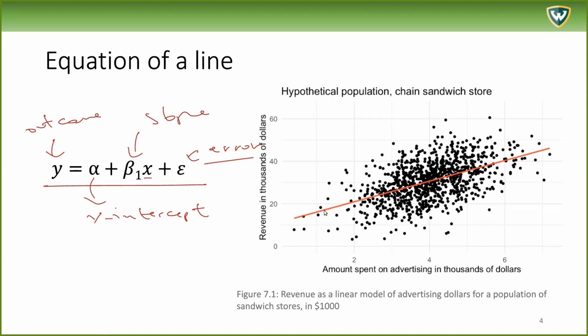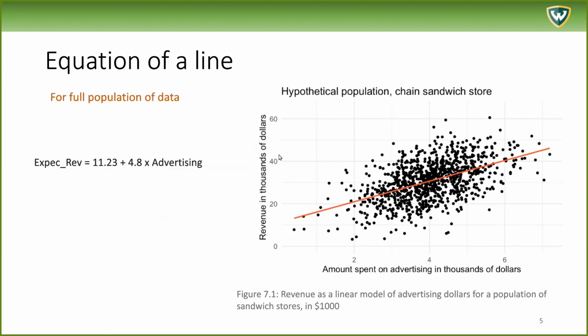So once we identify a line, we can identify the slope of the line, and then we actually get an equation. So for this equation here, for these data points, we have the y-intercept of 11.23, and we have the slope as 4.8. So we have our regression equation, essentially.